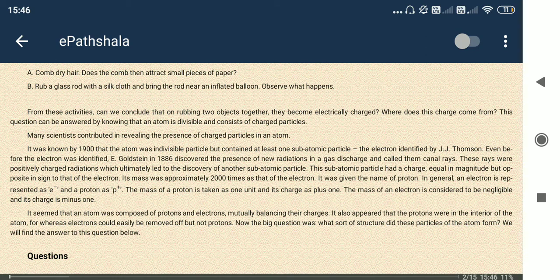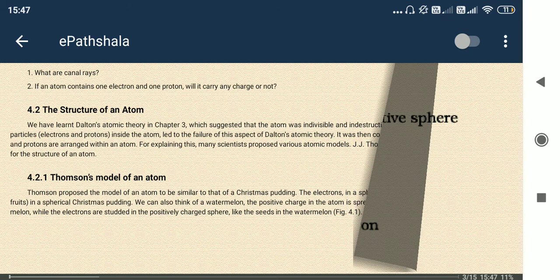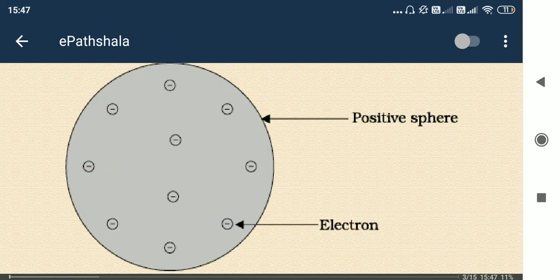So let's look further. See here, J.J. Thomson. The electron was identified by J.J. Thomson, okay. We need to remember this. So see the Thomson model of the atom. The Thomson model was different from what I discussed.